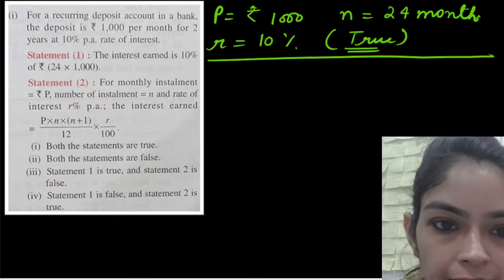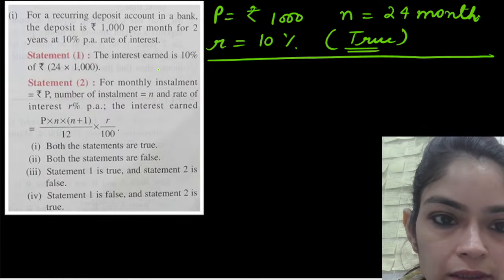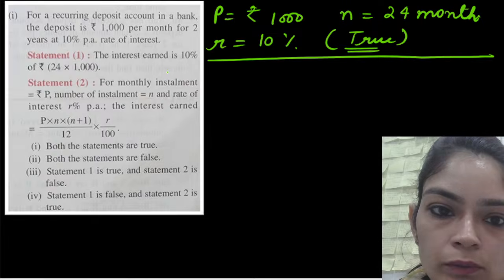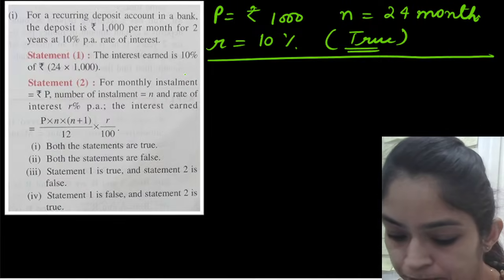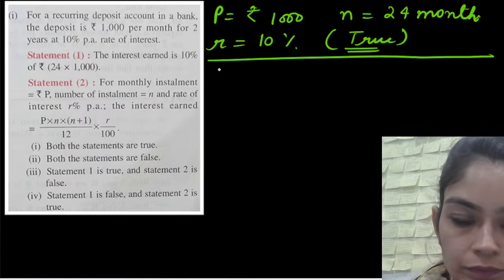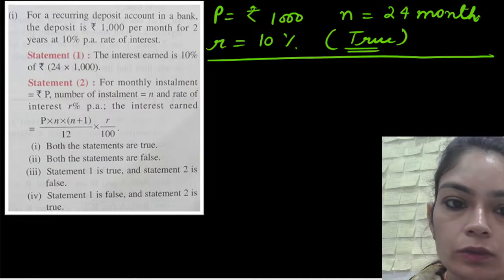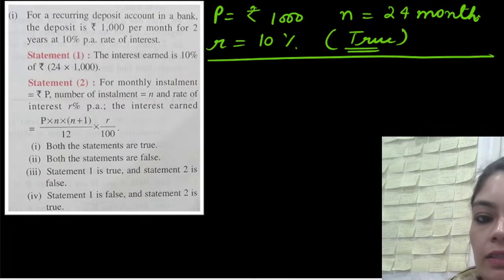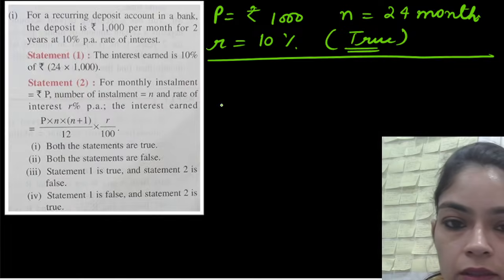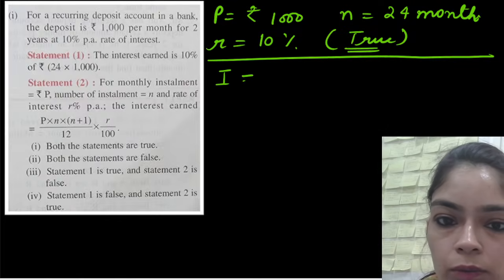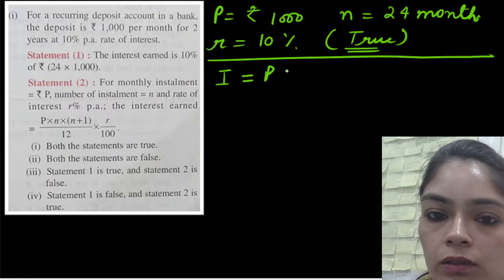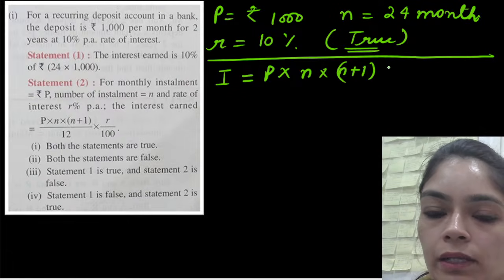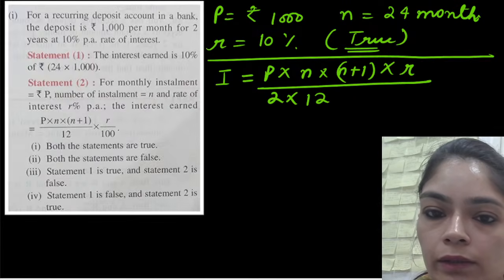Now statement 1: the interest earned is 10% of 24 into 1,000. So is it true? Interest earned, we have to see. They have mentioned here that interest earned is 10% of this. We know how to find I. The formula again is P into N into N plus 1 by 2 into R by 12 into 100.